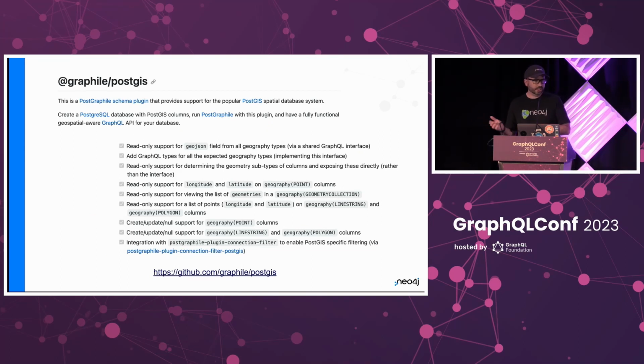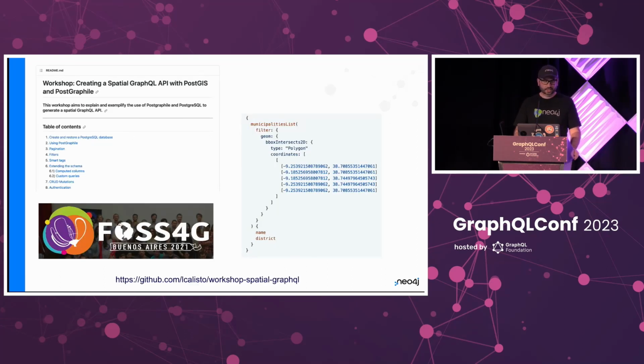There's a PostGIS schema plugin for GraphQL that basically exposes the geometries of our geometry column as a GeoJSON object within GraphQL. And there's additional functionality for things like filtering using some of those ST_ functions.